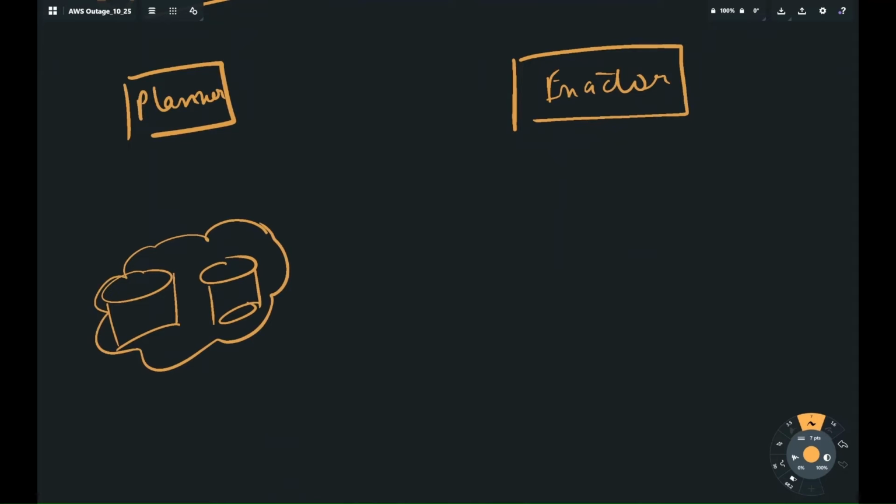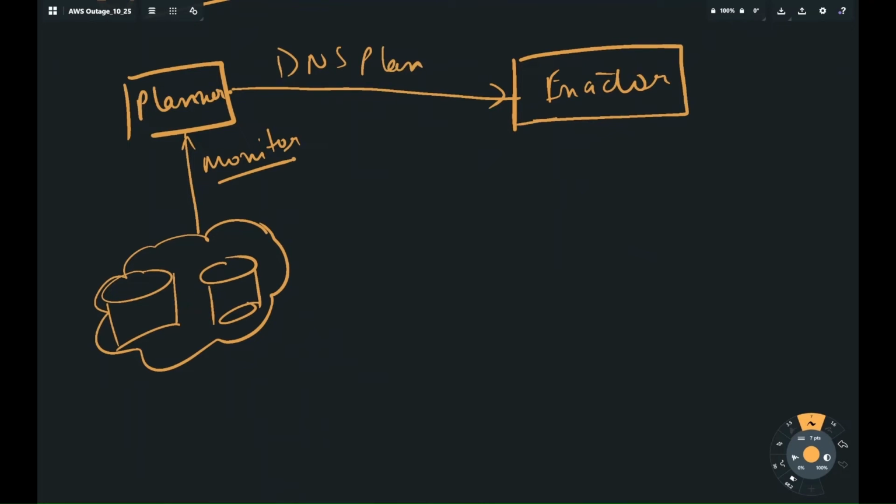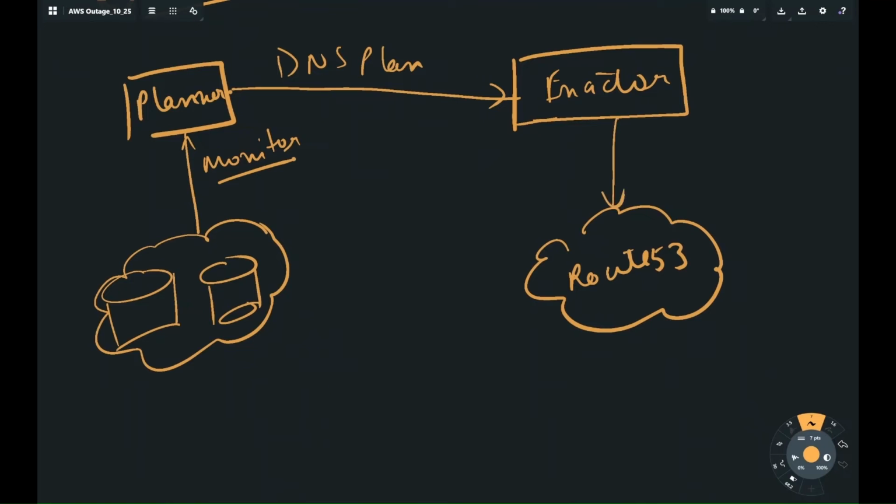This is their cloud. Now the planner constantly monitors the health of the DB and creates a DNS plan accordingly. This DNS plan is sent to the enactor and the enactor updates this DNS plan to the Route 53 configuration.